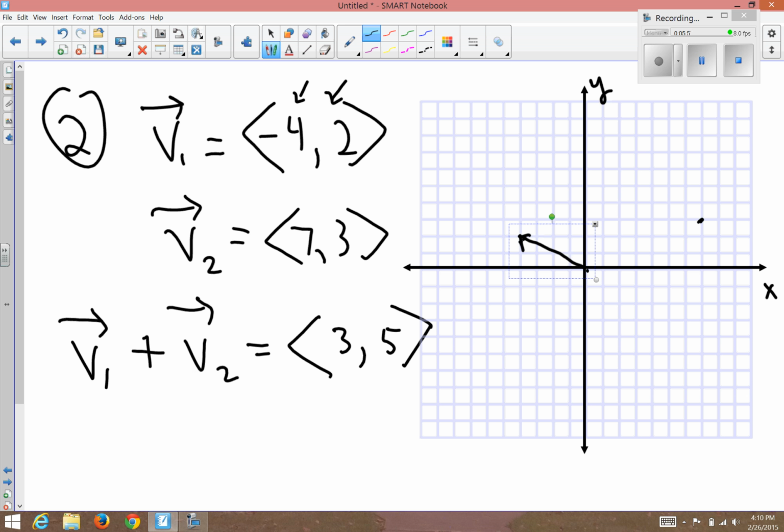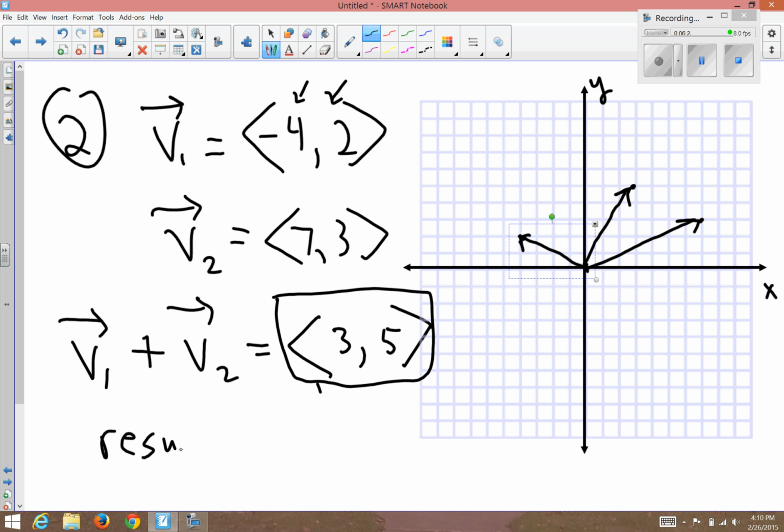This is vector v2. The sum of the two vectors, which is this, 3, 5: 1, 2, 3, 1, 2, 3, 4, 5. This vector, besides calling it the sum of the two vectors, it's also referred to as the resultant.